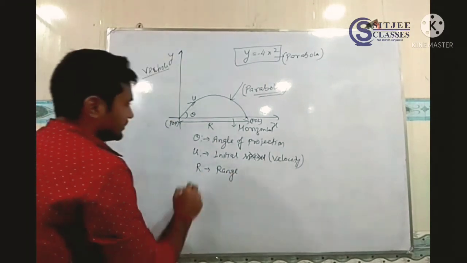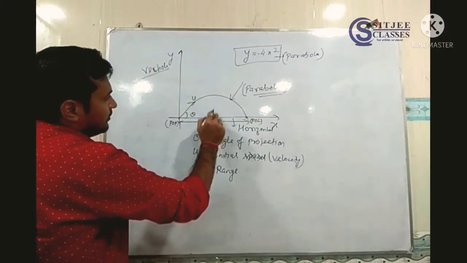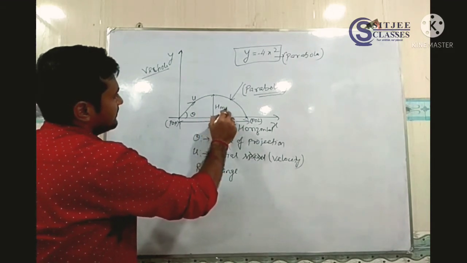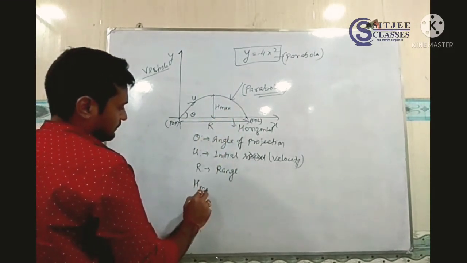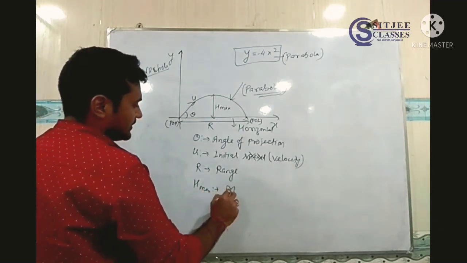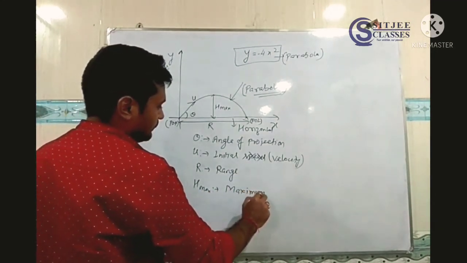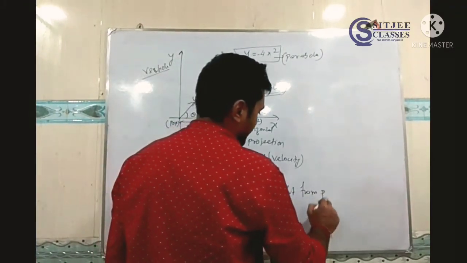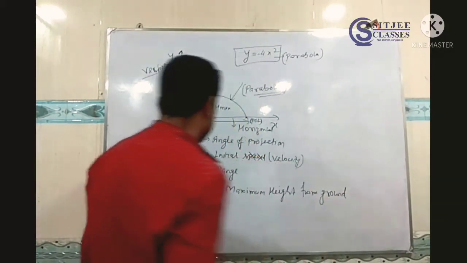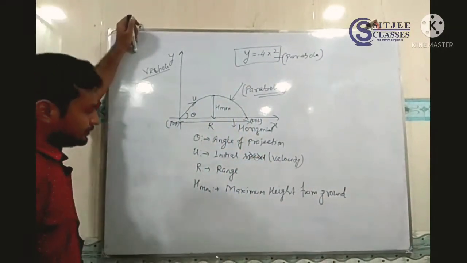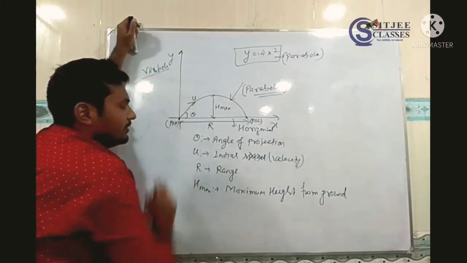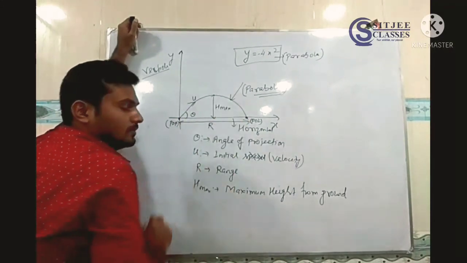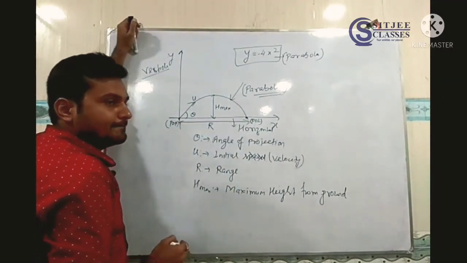Next, from the horizontal ground, the peak, the highest part, is called H max, the maximum height from the ground. Now, if you project from here and it lands here, some time will be spent between projection and landing.